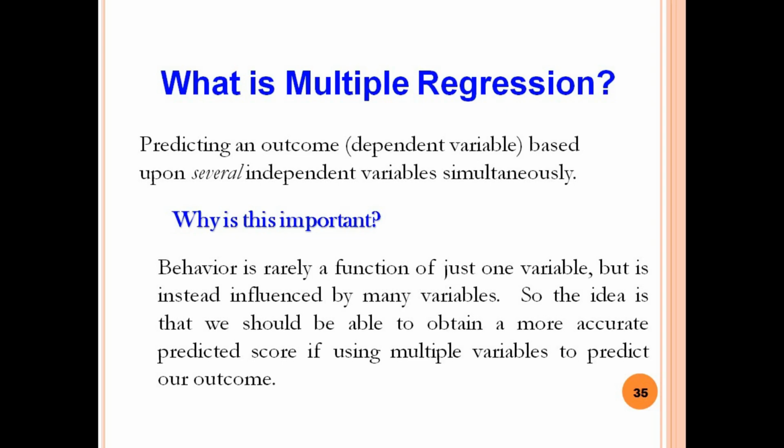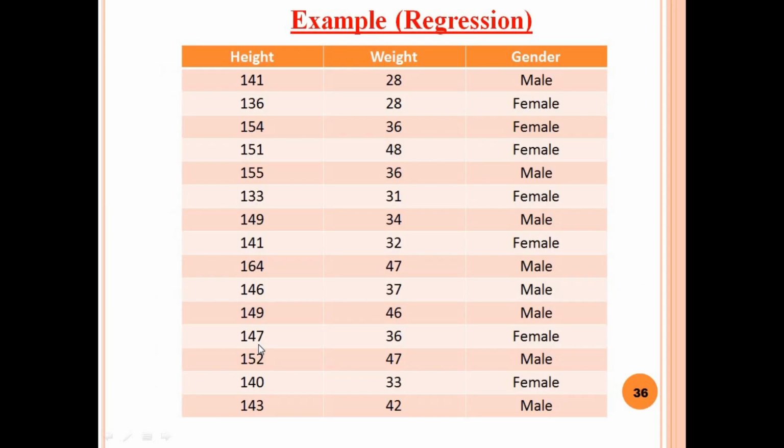Behavior is rarely a function of just one variable, but is instead influenced by many variables. So the idea is that we should be able to obtain a more accurate predicted score if using multiple variables to predict our outcome. That's why it is important.